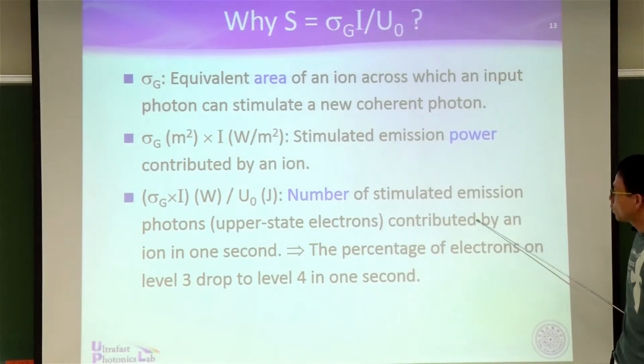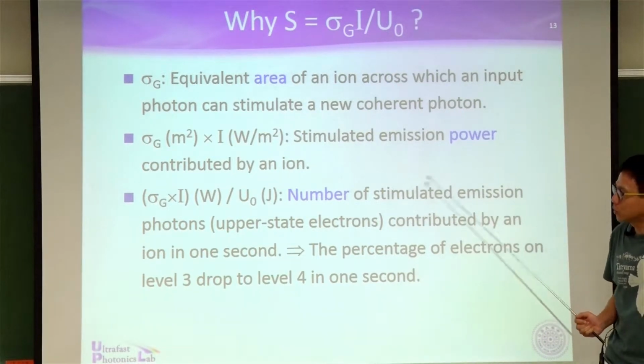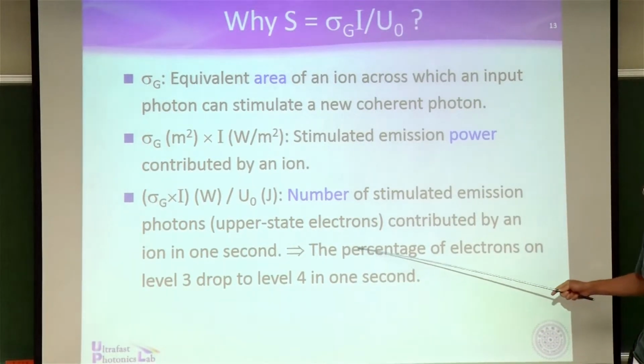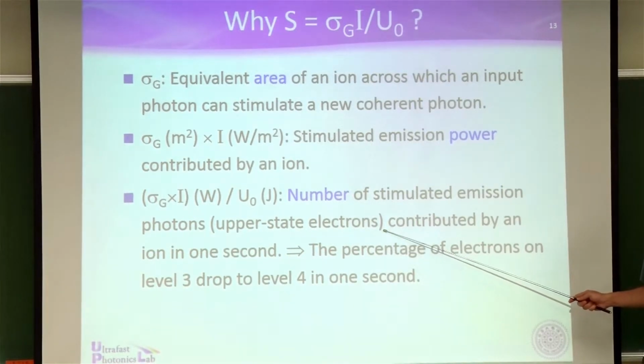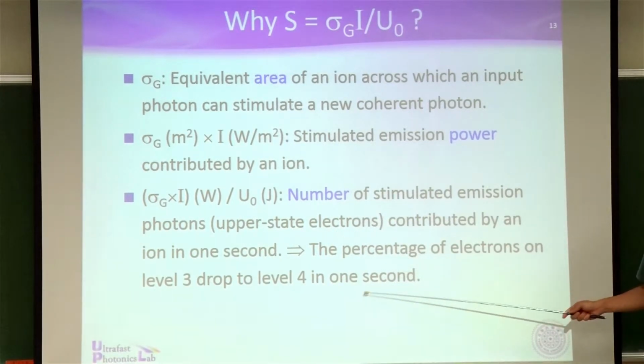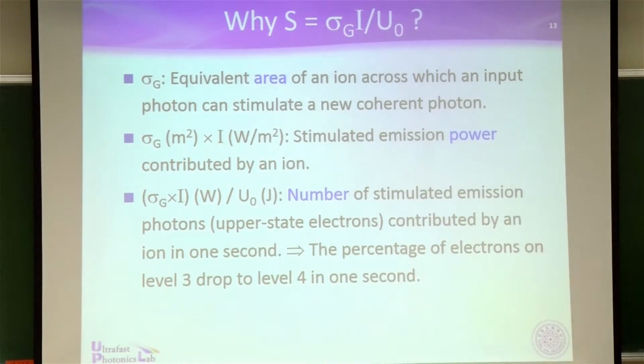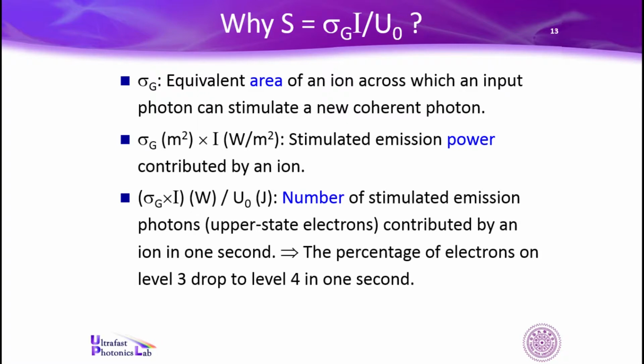And due to a single ion and in 1 second only. Due to a single ion, so it means percentage. 百分比嘛，就一颗离子可以贡献几颗光子，这不就是百分比嘛？然后同样都是1秒钟之内。So this is the stimulated emission rate. So in these three steps, I think it's clear enough that you can understand why the stimulated emission rate is simply sigma g times I over U0. Just use this logic.